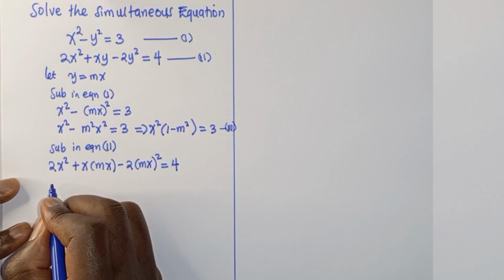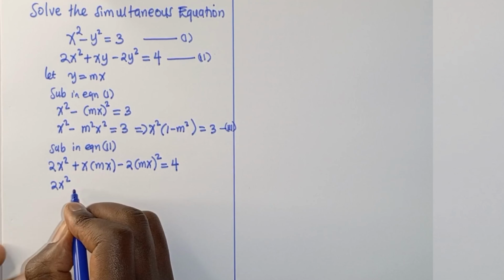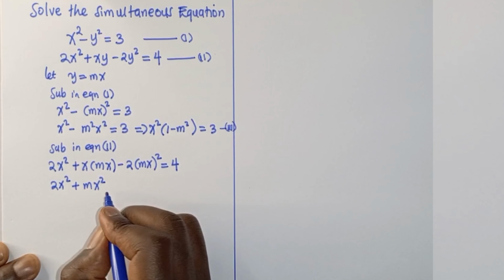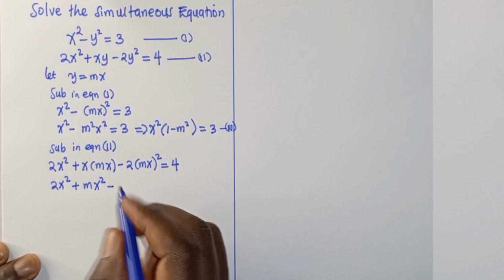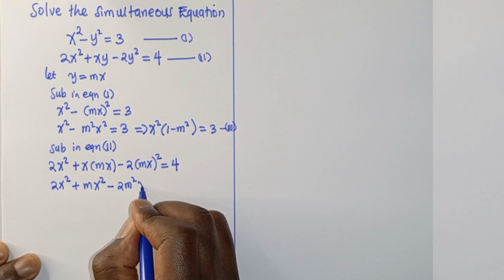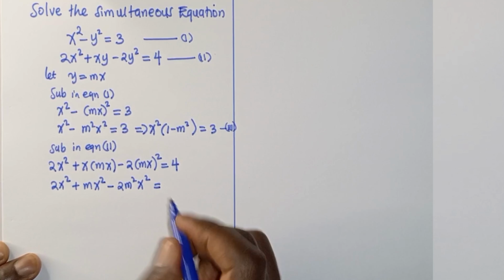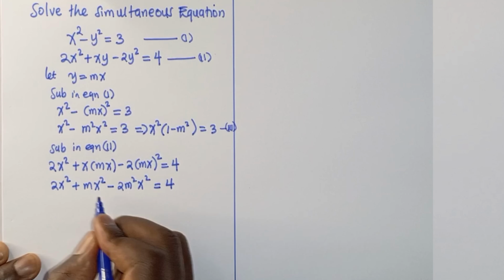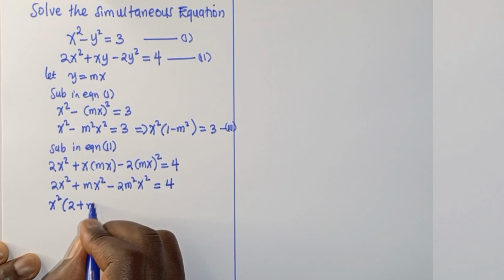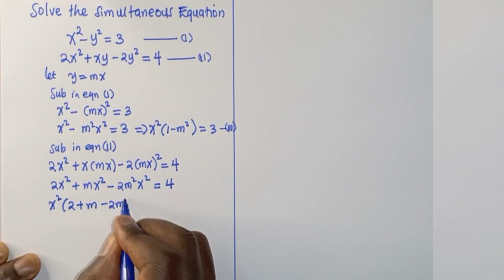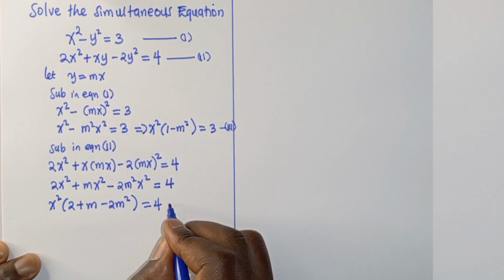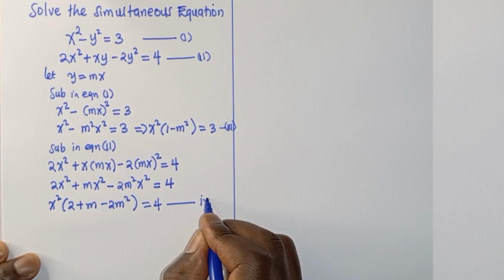So expanding, we shall have 2x square plus mx square, and then minus 2m square x square is equal to 4. Now when we pull out x square, we shall have x square into 2 plus m minus 2m square is equal to 4. Now this one we can call our equation number 4.